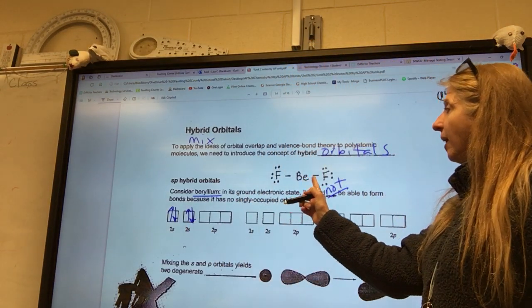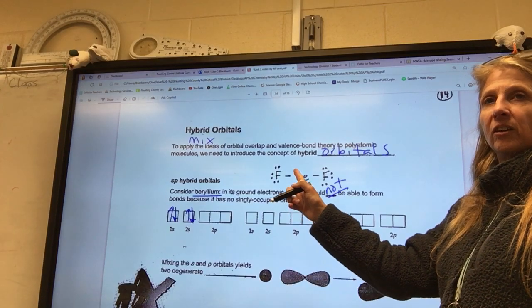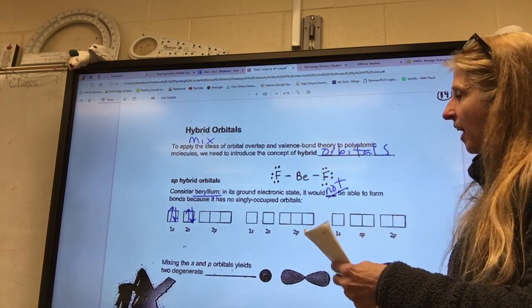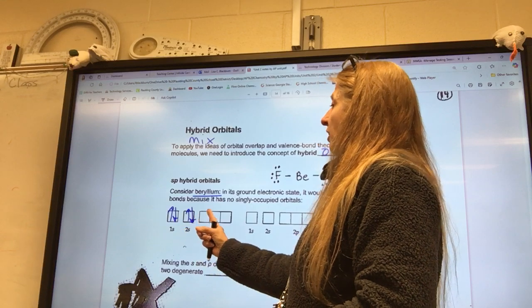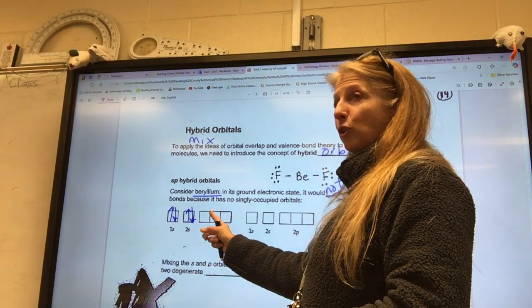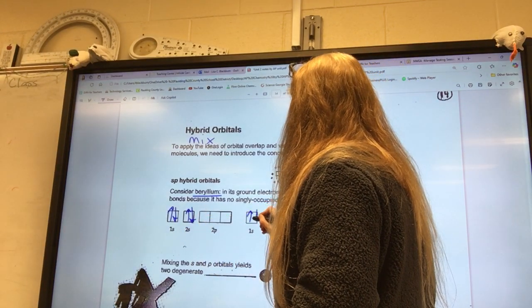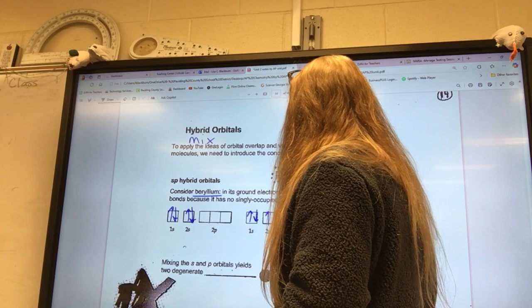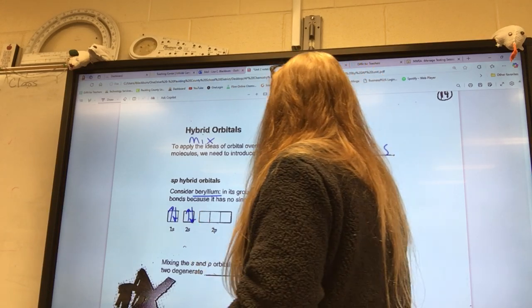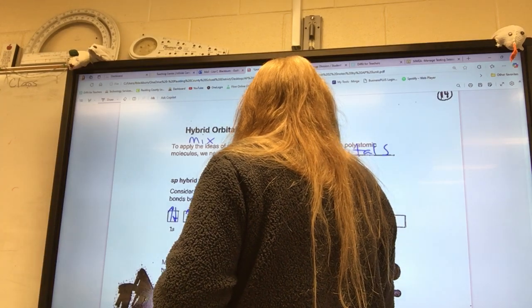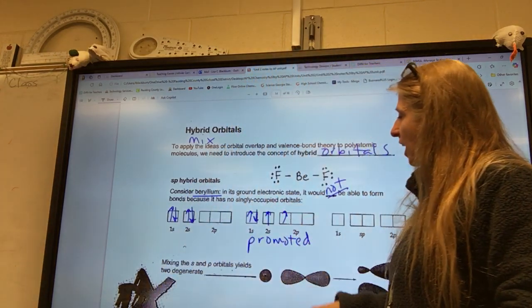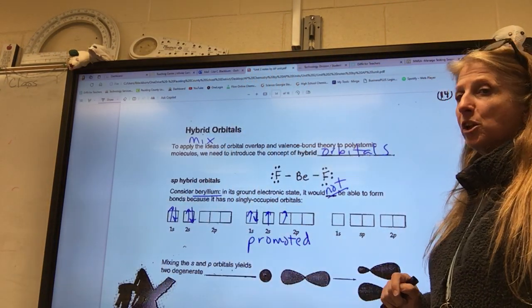But we can see right here it's making bonds. So what it does is it says, if I bump this one little electron up, then I can make 2 bonds. So it promotes an electron. And look at that. So here it is promoted. So it would promote one up. So now it can make 2.